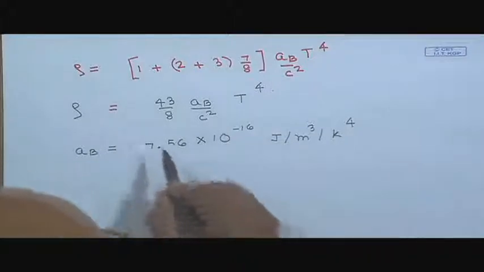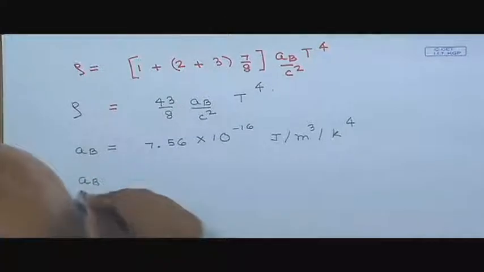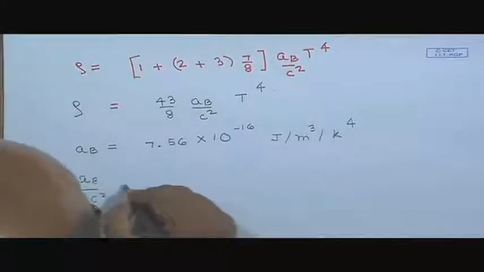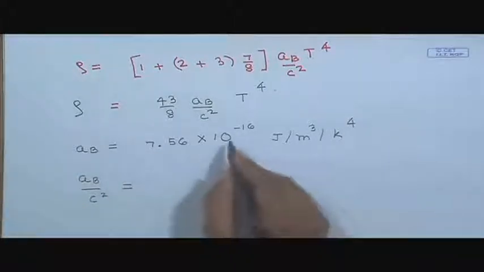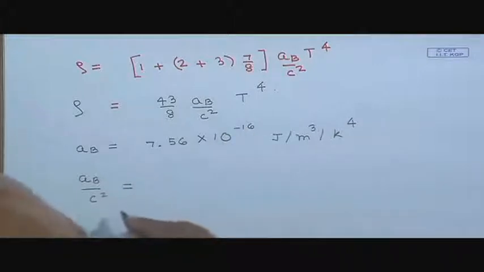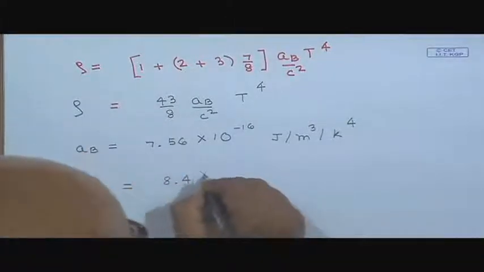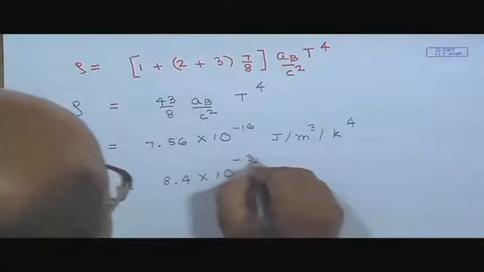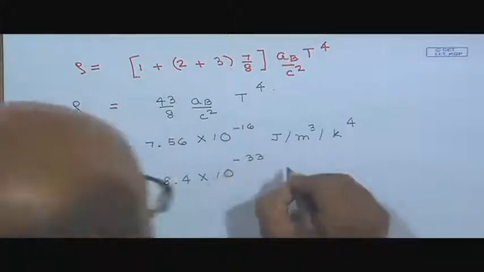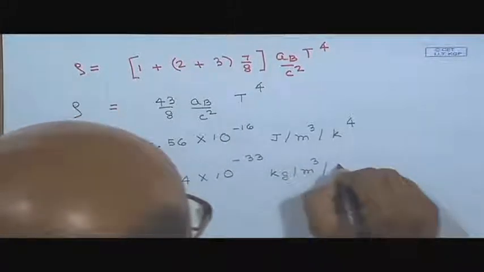What we require here is not the energy density, but the mass density, which can be calculated if we use the Stefan-Boltzmann constant by c square, so you have to divide this by c square, 9 times 10 to the power 16, and what you get is then 8.4 times 10 to the power minus 33 kg per meter cube per Kelvin to the power 4.